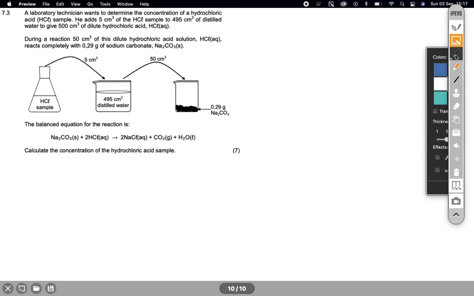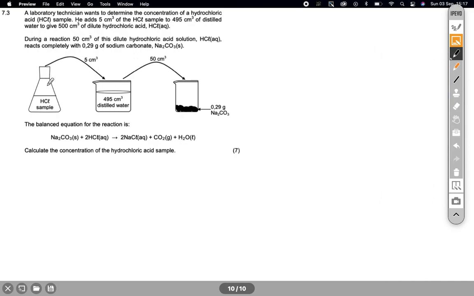So in a way, we are working backwards. So this is what we need to calculate. So we added 5 centimeters cubed of this in here, and then it amounted to 500 centimeters cubed, and then we took 50 centimeters cubed of that and put it in here.